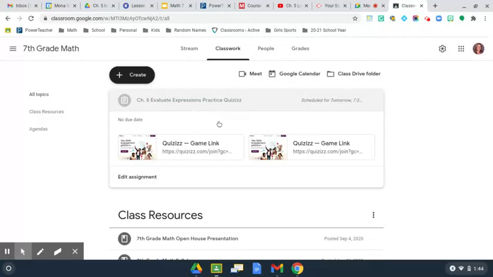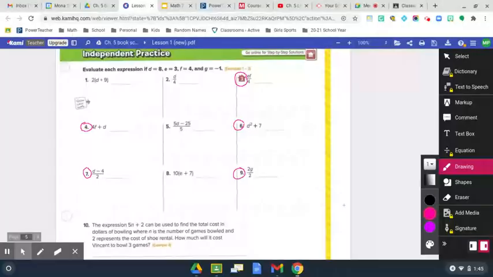There's 2 of them. And it's just practice. These are the links. There's 2 links for you to go in and just practice evaluating expressions. They're not due. It's not an assignment grade. It's practice. So really what's going to happen is on Friday when you have your quick check, that is a grade in Schoology. It always is. This is just the extra practice to get through and make sure you're comfortable with doing evaluating expressions, okay? So when you finish here, check your answers and then head into Google Classroom Quizizz.